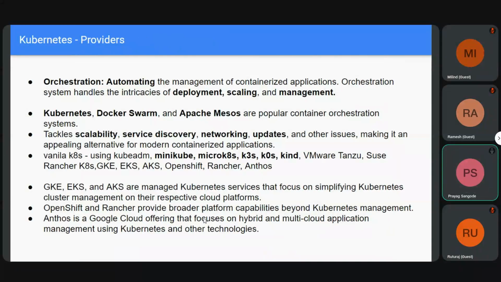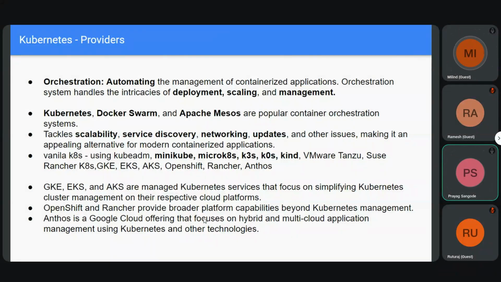So let's go deep into Kubernetes, starting with some important concepts, like what is orchestration. Automating the management of containerized applications is called orchestration. What is involved in orchestration? It is the deployment of any application, and its scaling and management. Kubernetes is not the only provider available in the market.